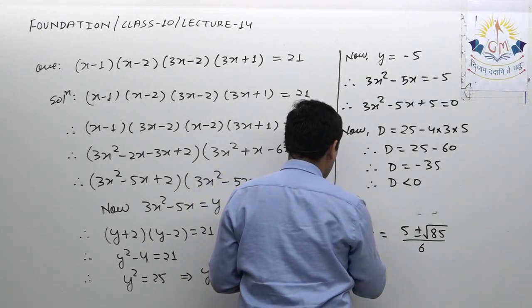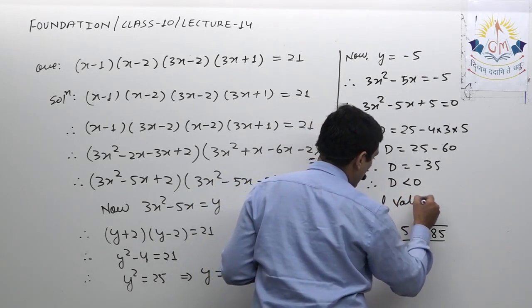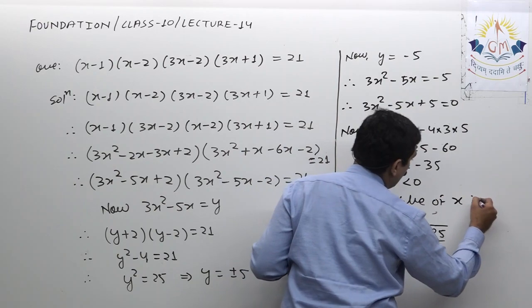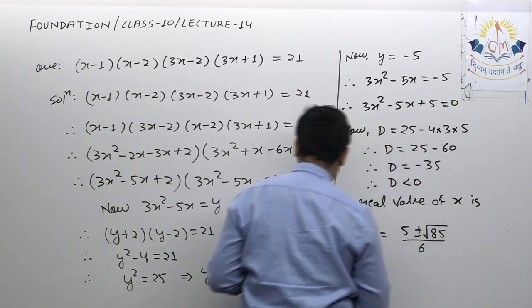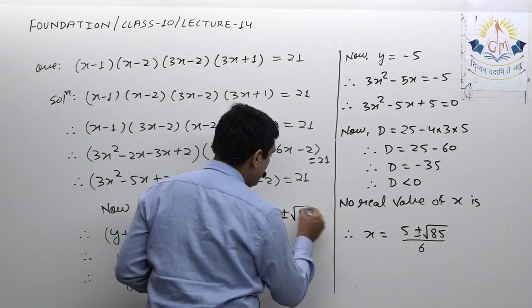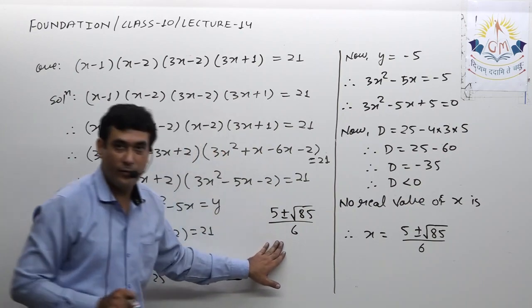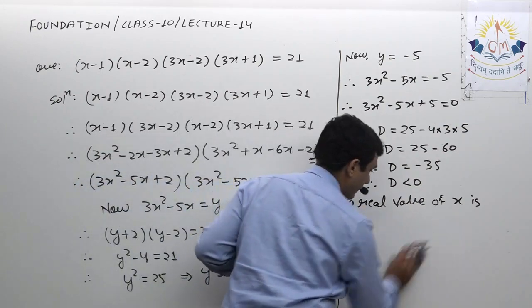Therefore no real value of x is there. Okay, let me note down this. We need this just to check whether the given equation is being satisfied for this or not.